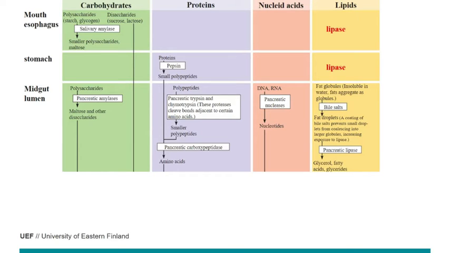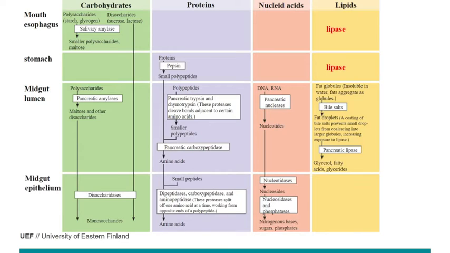But also for the lipids, they are emulsified by bile salts, and then we have pancreatic lipase that is cutting them into smaller pieces. But then in the epithelium of the midgut, it also has an effect. Not only what's inside matters, but the epithelia also seem to be important.